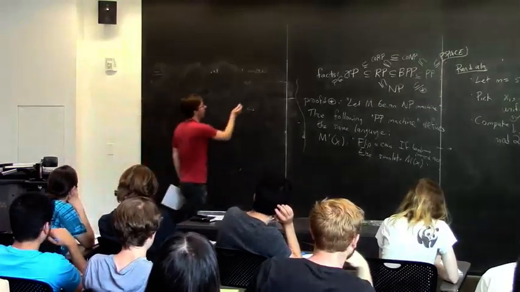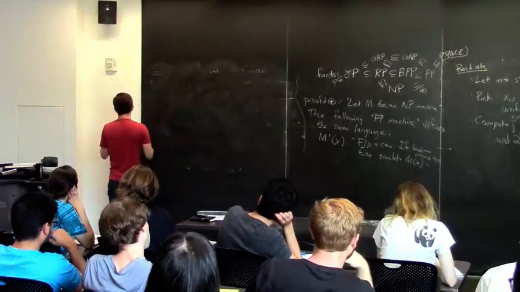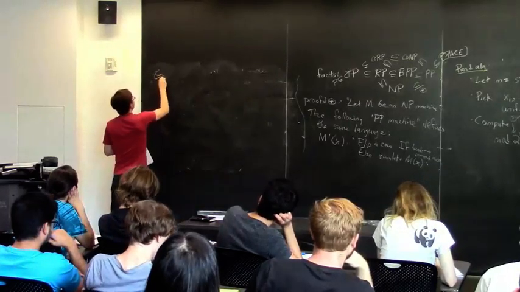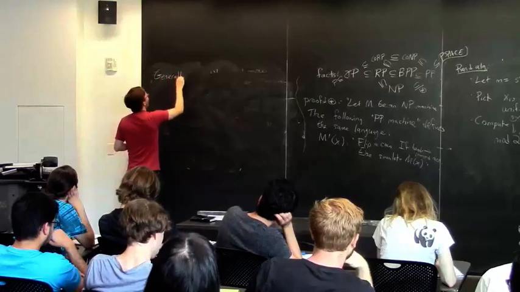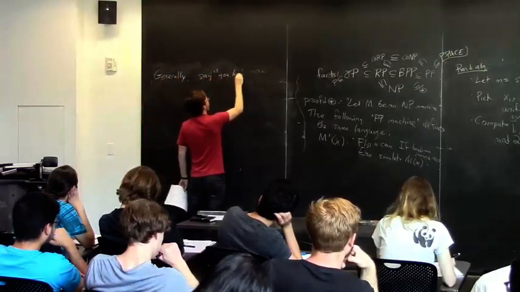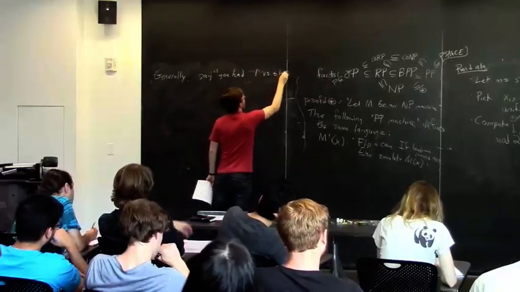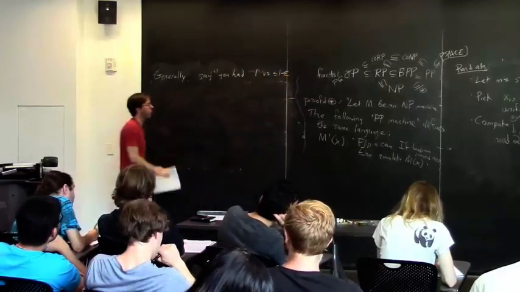OK, let me say a few things about error reduction. So briefly, generally, say you had, in this scenario, 1 versus at most 1 minus epsilon. So here epsilon was 1 over 4m.